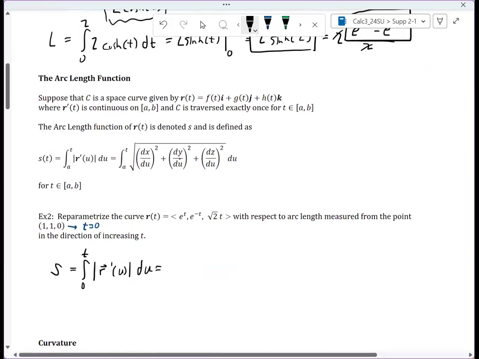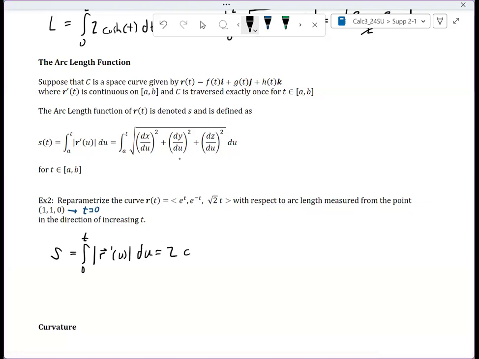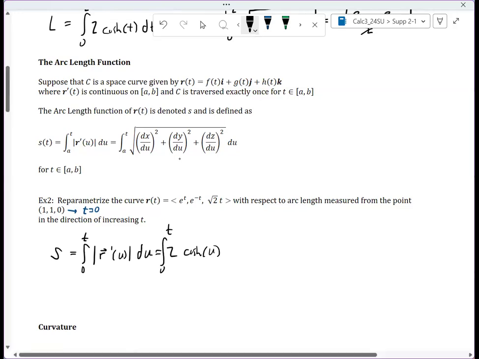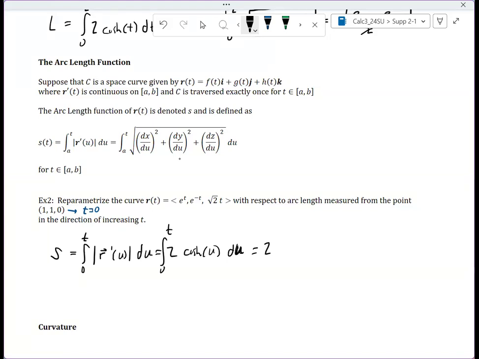So it's going to be 2 cosh of u integrated from 0 to t du. And this is, of course, 2 sinh of u evaluated from 0 to t. And just like before, sinh of 0 is 0, so we get 2 sinh of t. So S represents the length of our curve from t equals 0 to a given value of t.